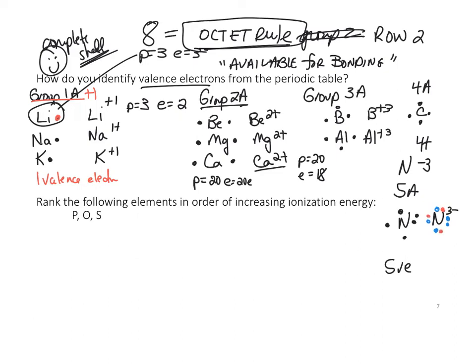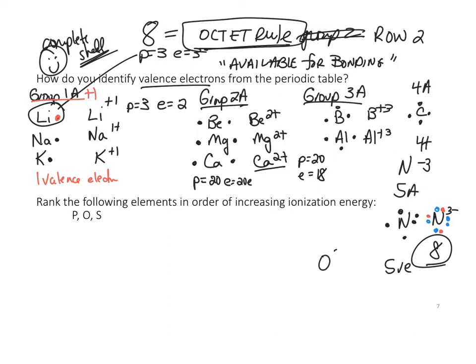And what is that total? That totals up to 8. And so the metals, these plus charges, they'll just give up those electrons. It's so much easier just to give up an electron than to take. But now we're at nitrogen. We're at 5A. It's so much easier to take 3 than to give up 5.